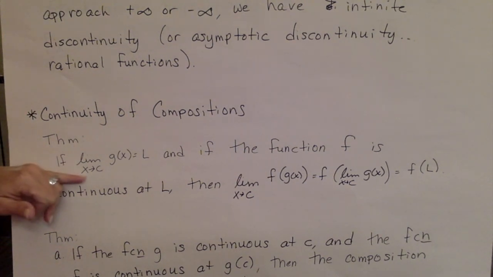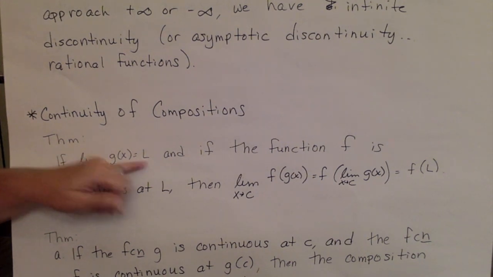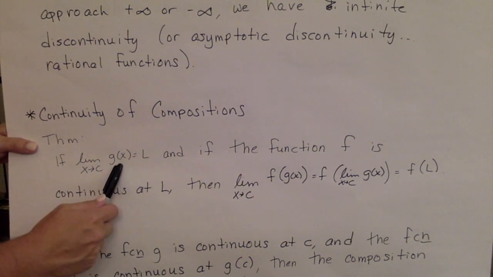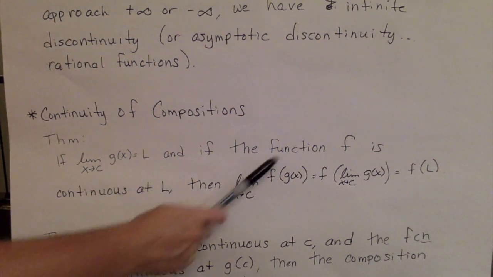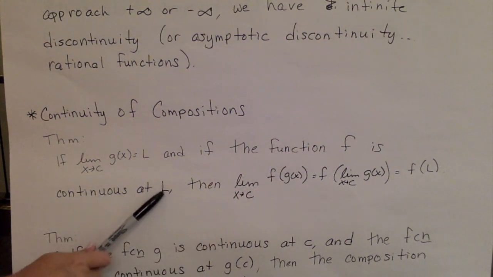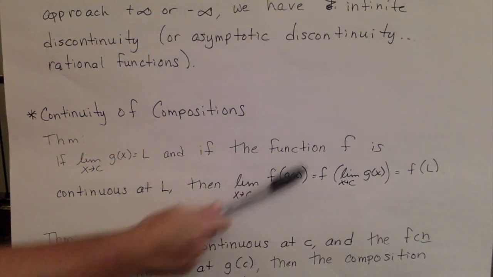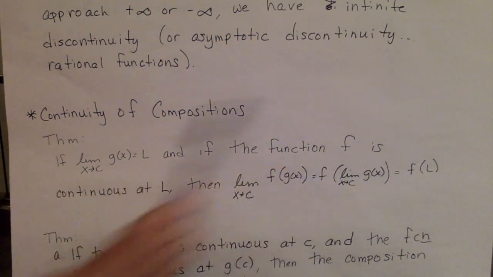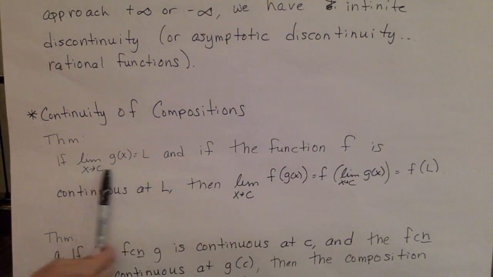If the limit as x approaches some value of a function g of x exists and is a finite number L, and if the function f is continuous at L, then the limit of f of g of x is the same as f of the limit of g of x, or f of L, because this limit was equal to L.